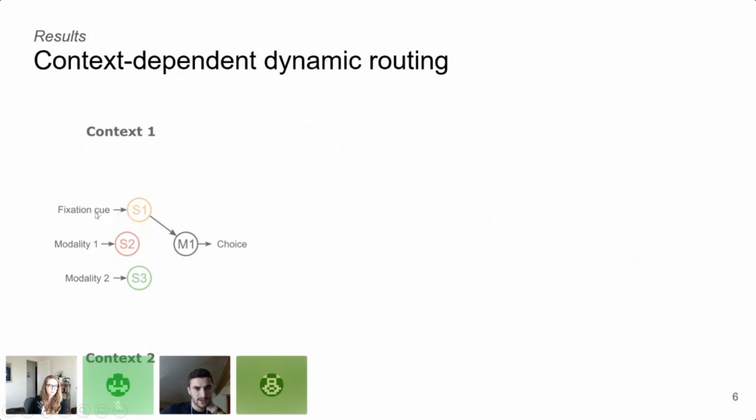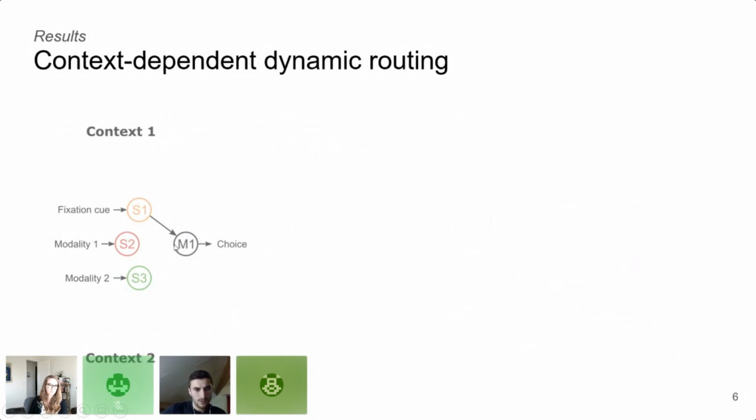In this task, we have three types of sensory inputs. We have a fixation cue that indicates when the model can output its response. And we have two sensory modalities, where the first sensory modality is the relevant one in the first context, and the second sensory modality is relevant in the second context.